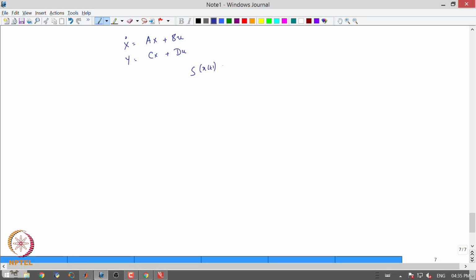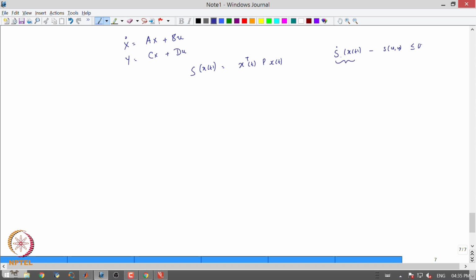of t is say x transpose P x. Let me leave out the half for the moment. Now what I should find out is how S dot of x(t) minus the supply rate of u comma y should be less than or equal to 0. First let us look at this term.